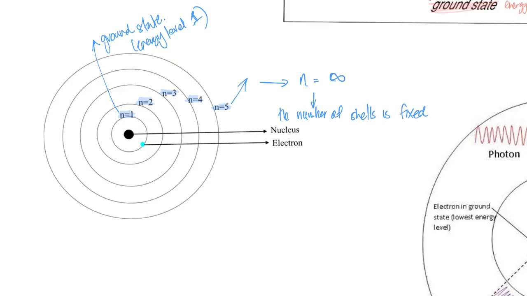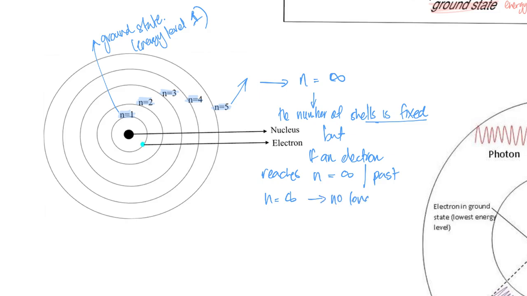But if an electron reaches n equals infinity, or past n equals infinity, then it is no longer under the influence of the nucleus.